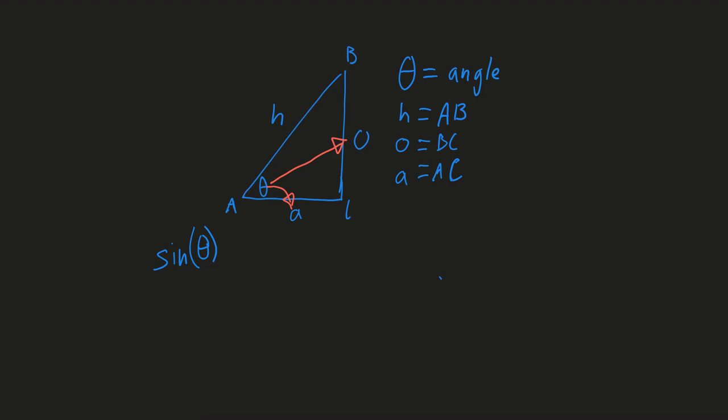So if I put in some theta, some angle into my sine function, then what I'm going to get out is actually the ratio between the opposite over the hypotenuse. Now, if this angle, let's say, is 20 degrees, then the opposite over hypotenuse ratio is always going to stay the same. So let's try that out for a moment. Let's plug in sine of 20 into our calculators, and you should find the ratio is 0.34.